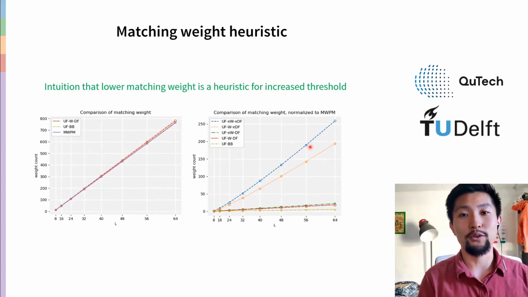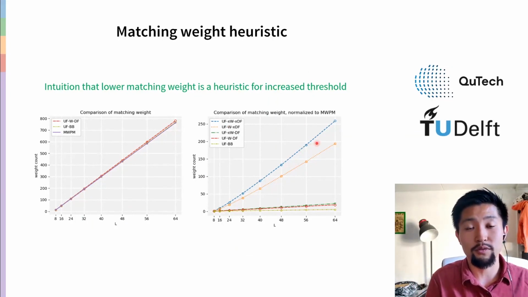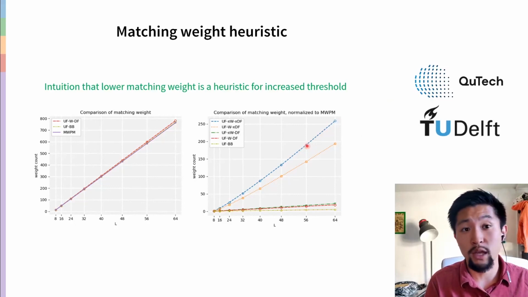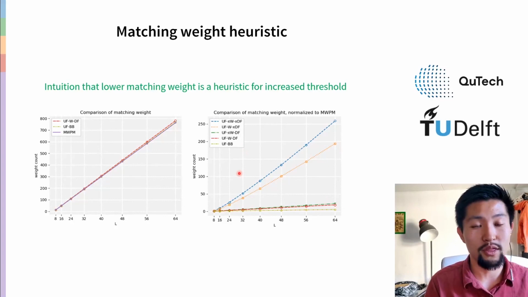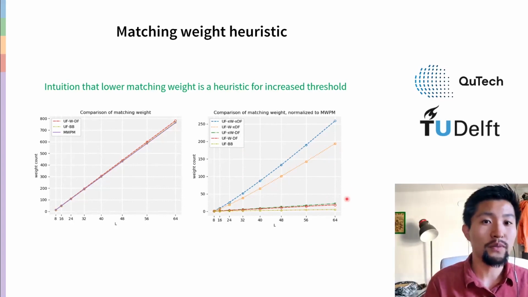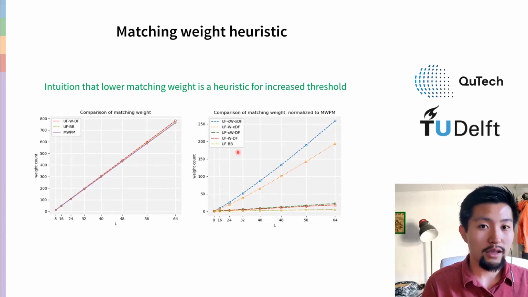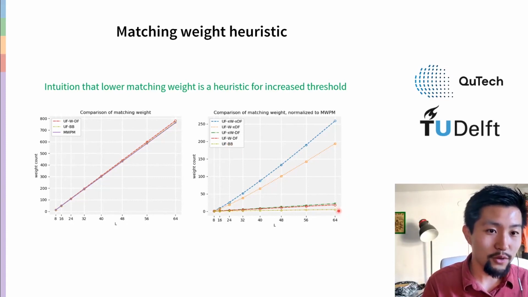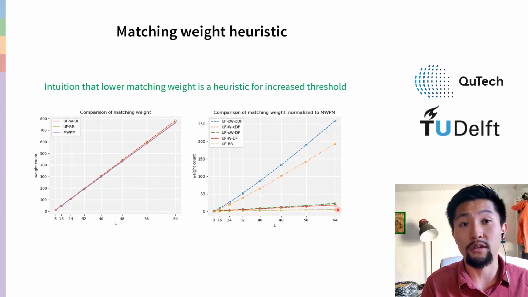If we compare this with the variants of the unified decoder that we had before, which was without weighted growth, without dynamic forest, with weighted growth, without dynamic forest, and so on, where the red one is the best one we got with 10% threshold value, with weighted growth and with dynamic forest, the unified balanced Bloom decoder sits right there. It's very, very near minimum weight perfect matching in terms of weight.